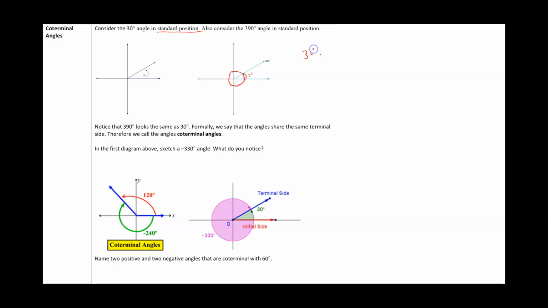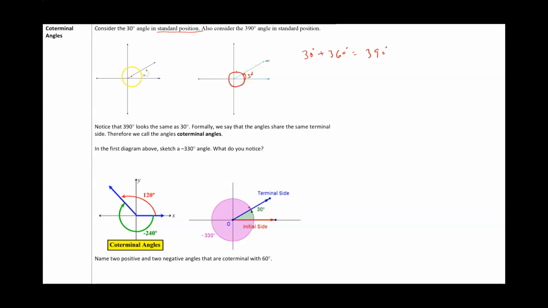So if we take 30 degrees and add 360 to it, 360 is a full rotation, then we get 390 degrees. Okay, so another way of looking at it is to get to 390, we make a full rotation, that's 360. And then if we go 30 more, 360 plus 30, that'll give us 390.